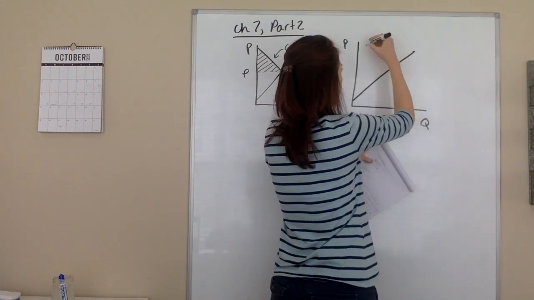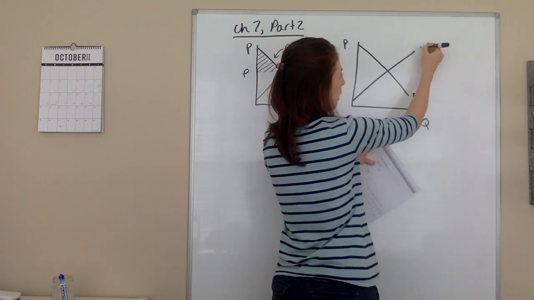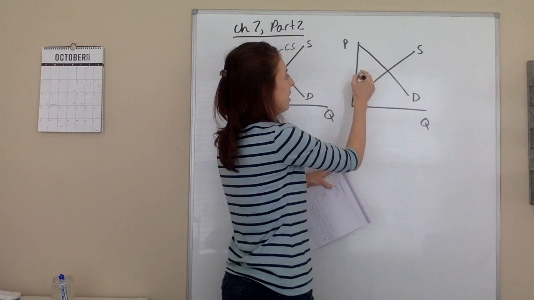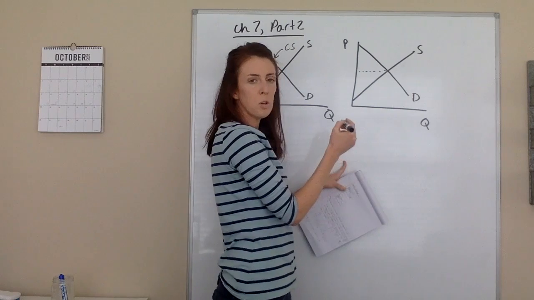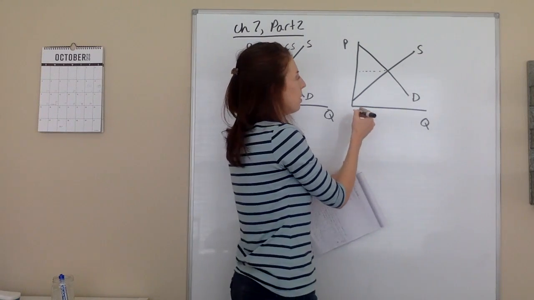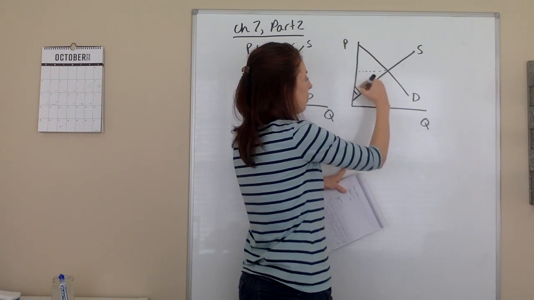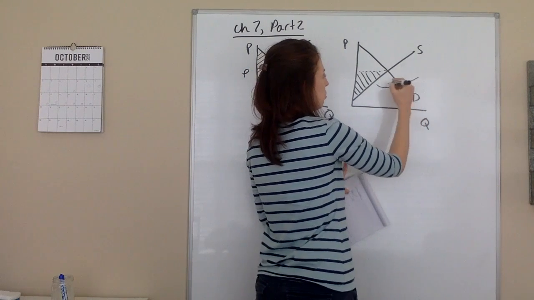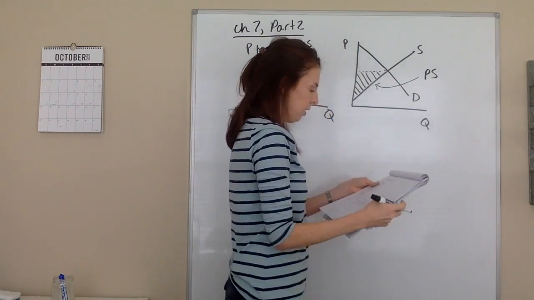Instead of using the demand curve as our anchor for the triangle, the producer surplus is also going to be equal to the area of a triangle, but now we're going to look at the triangle that exists above the supply curve and below the price. The area of that triangle is equal to producer surplus.